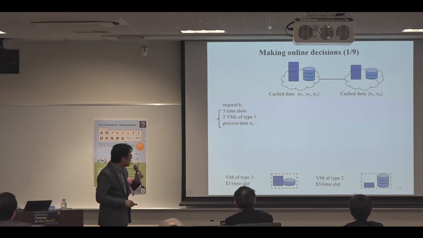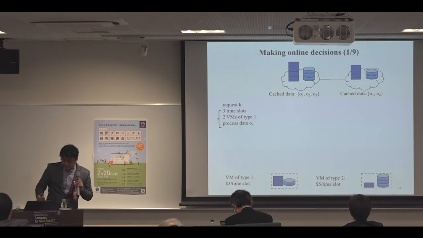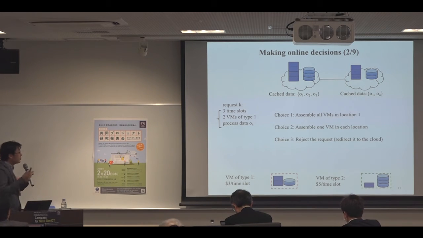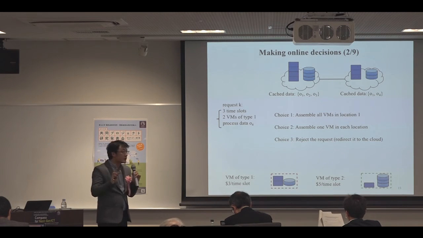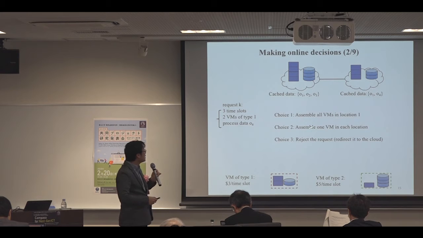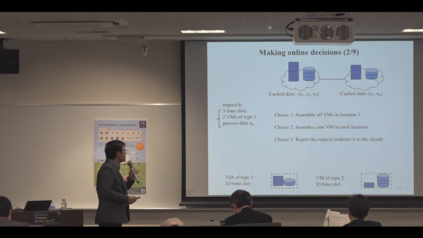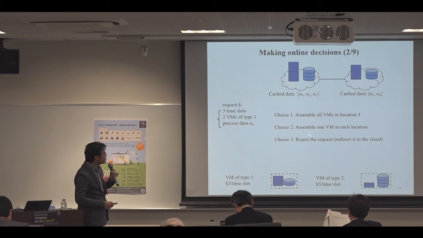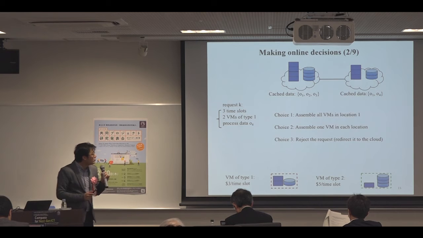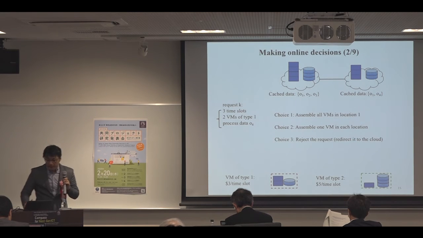Data 4 is here. If the provider receives this request, it has three choices: assemble all the virtual machines in location 1, assemble one virtual machine in each location, or do not accept this request.